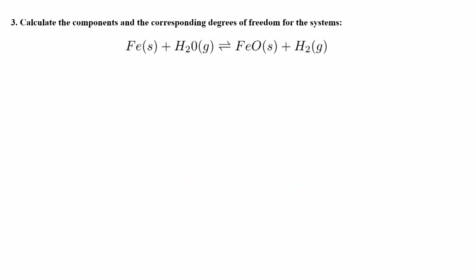Now, the third problem is calculate the components and the corresponding degrees of freedom for the system Fe solid plus H2O gas in equilibrium with FeO solid plus H2 gas. Here, how many components are there?